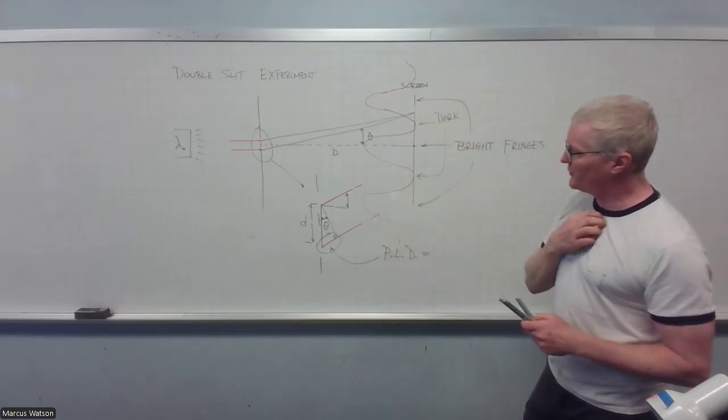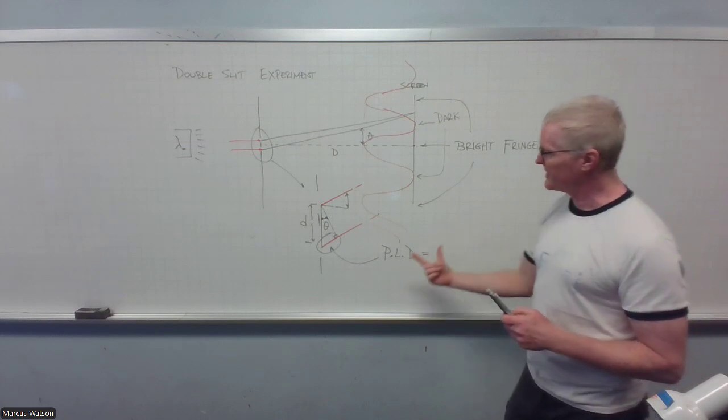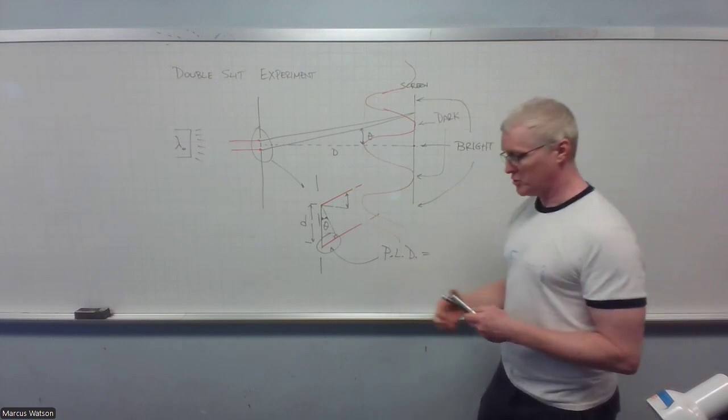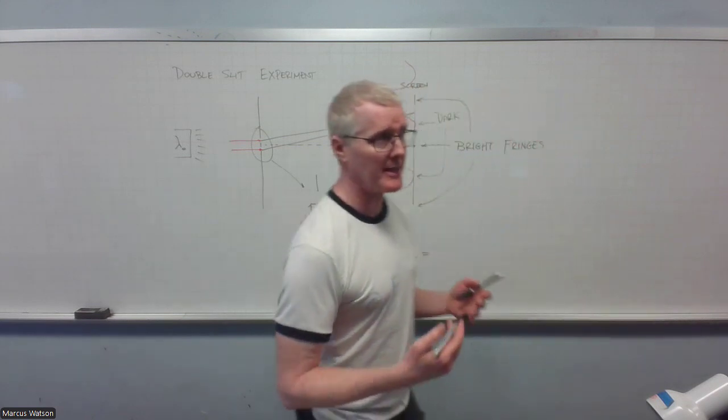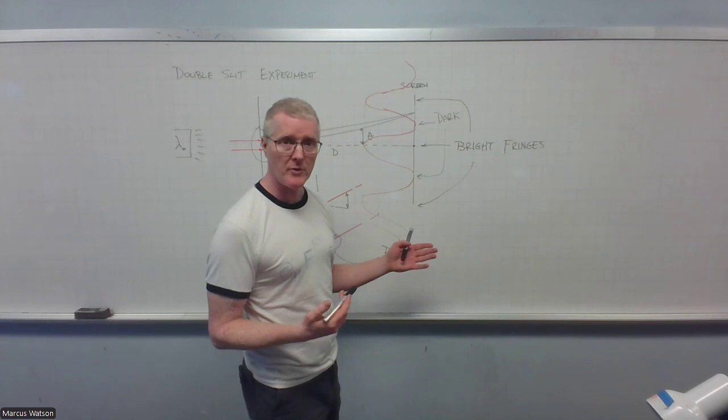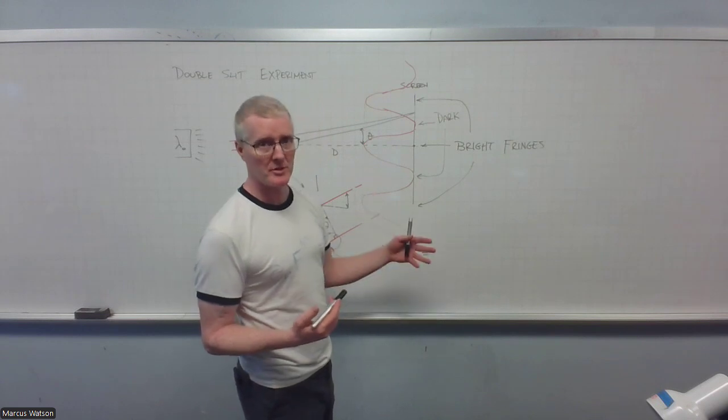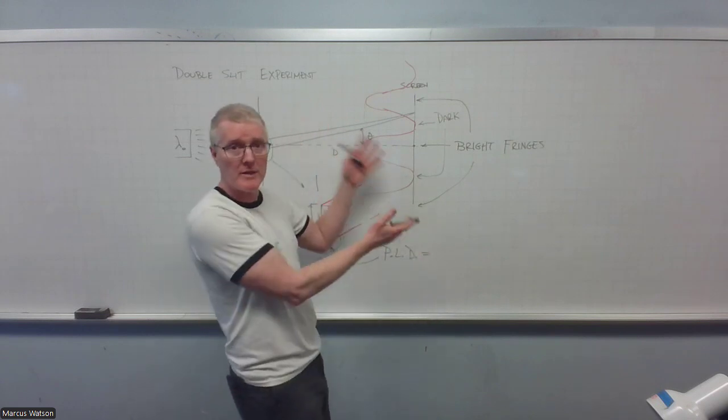So what we'll do next time is relate the path length difference to an index, which tells us whether or not it's an integer number of wavelengths, or a half integer number of wavelengths, or something in between.